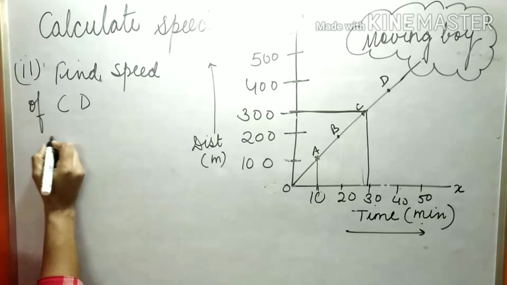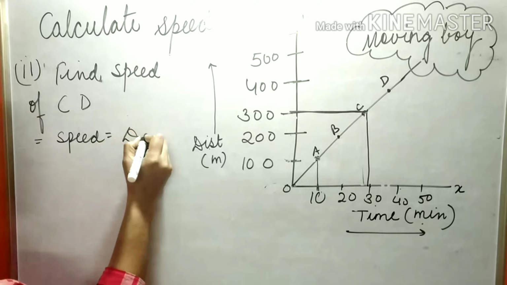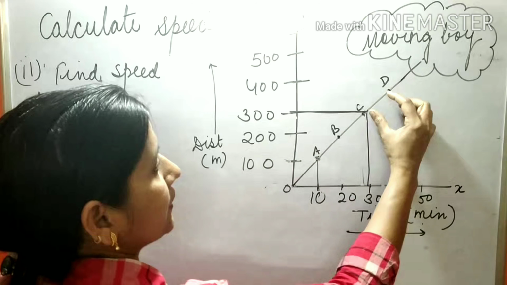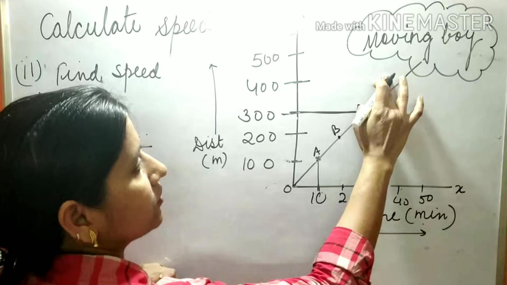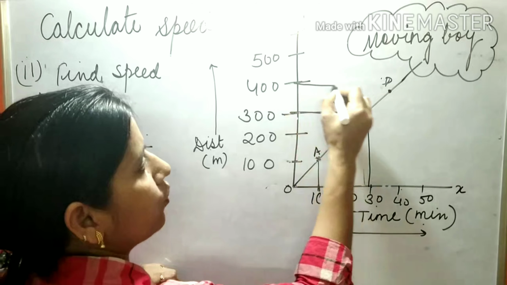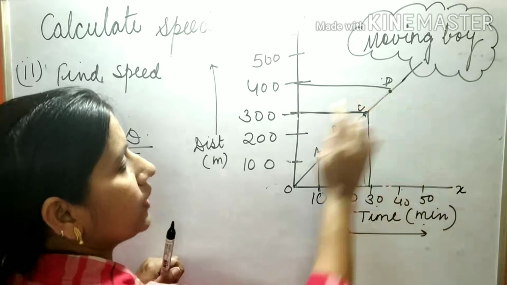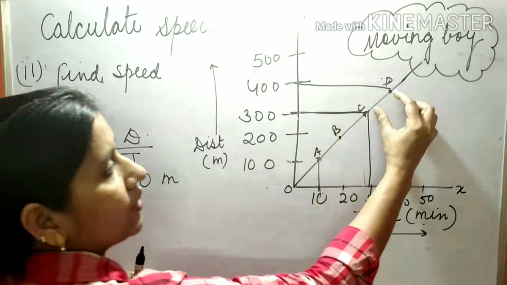So again you will take the formula, that is speed is equal to distance upon time taken. So what is the distance? C पे this is 300, D पे this is around 400. So what is the distance between C to D? It is 100 meter. C to D 100 meter है ना?